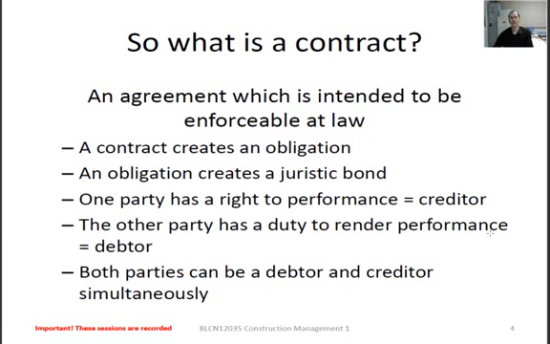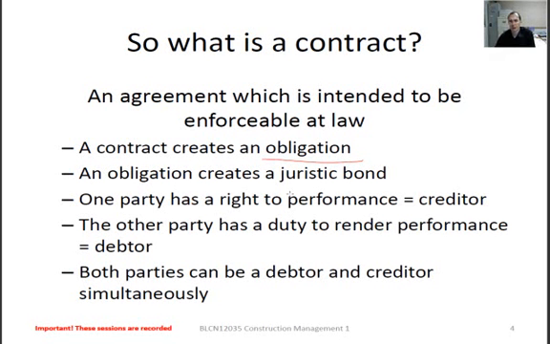All right, so there I've given you the requirements for a contract. Basically, it creates a legal obligation between the parties, and that's really important because it now becomes a liquid document that's going to be enforceable by the courts of the country.